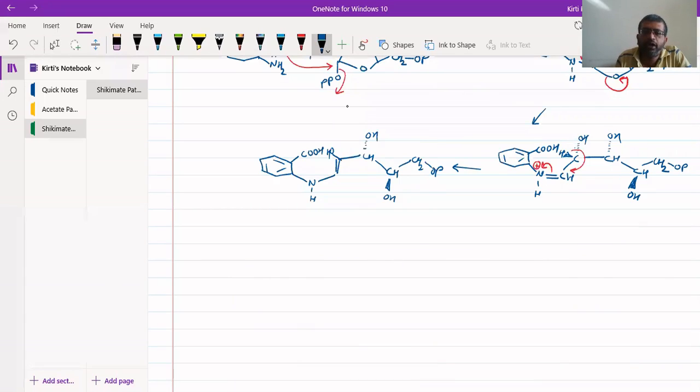Now this compound, as it is having an enol group over here, it undergoes keto-enol tautomerism. What it has undergone here is an imine-enamine rearrangement reaction, or imine-enamine tautomerism.